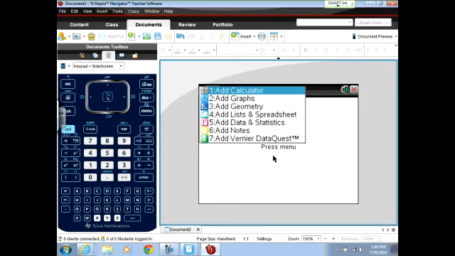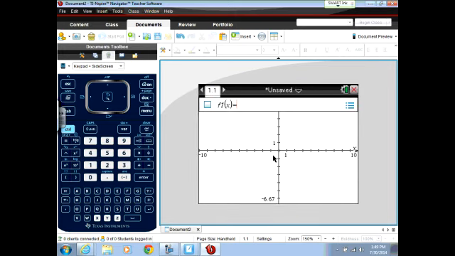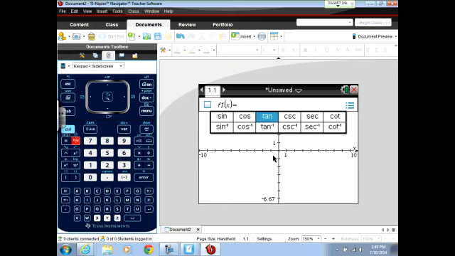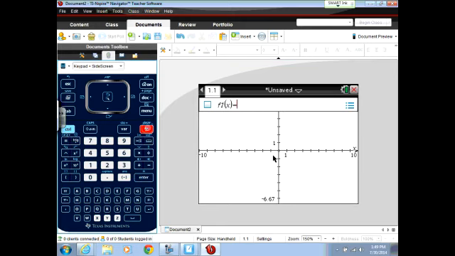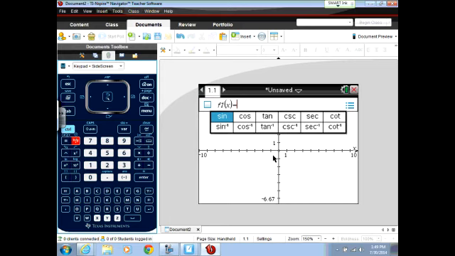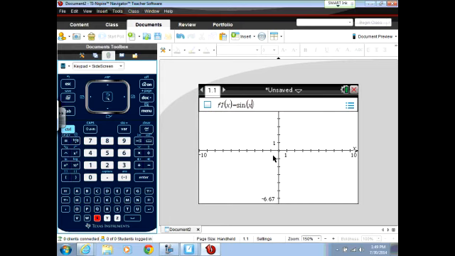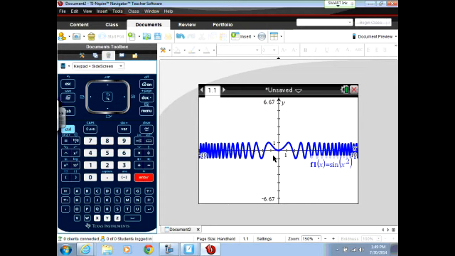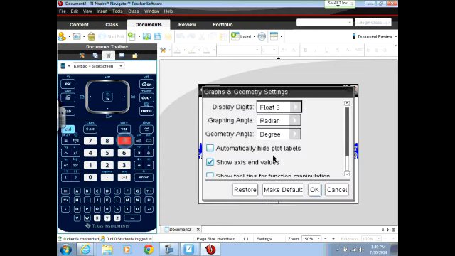We'll go to our graphs page. And we have sine, and in parentheses, we'll have x squared. And we'll just go to menu and settings 9, double check it is in fact in radians.